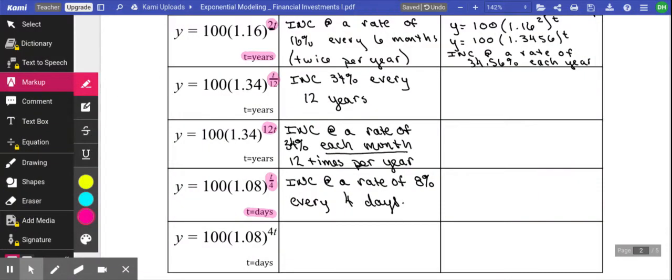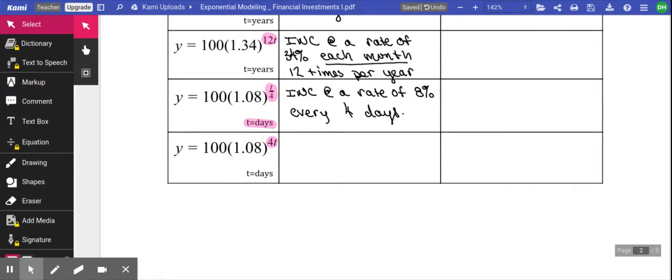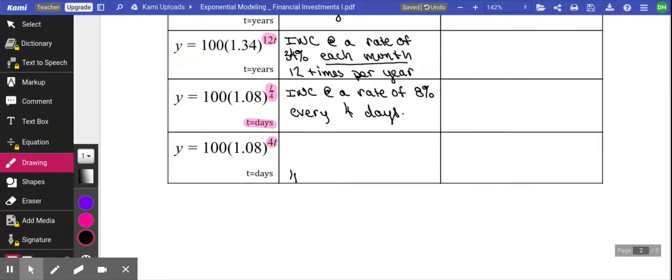Now, how does my interpretation change when the coefficient changes from a 1/4 to a 4? So ultimately, what I'm thinking is this rate of 8% is happening 4 times per day. Okay, so we can make that note. It's happening 4 times per day.